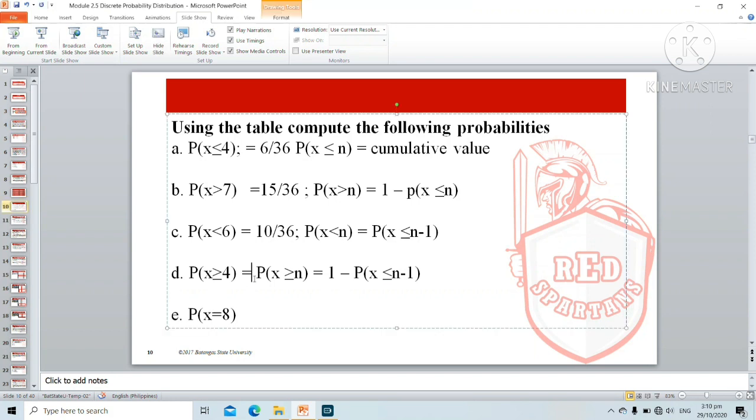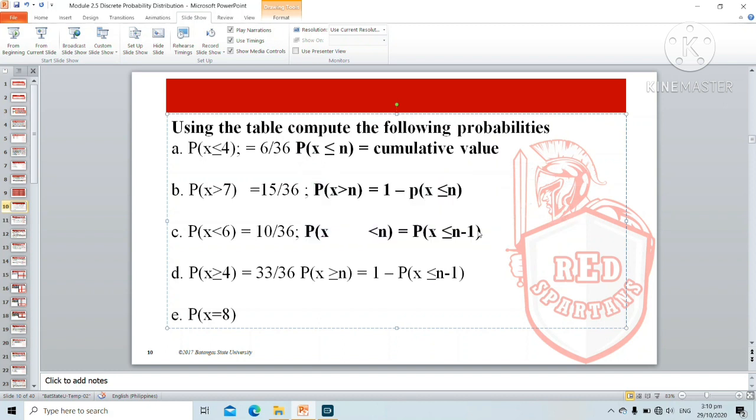Or yung answer natin dito, yung 33 over 36. So, yan, meron na tayong mga formula. Ito yung formula na syempre dapat matandaan para madali paggamit ng table.